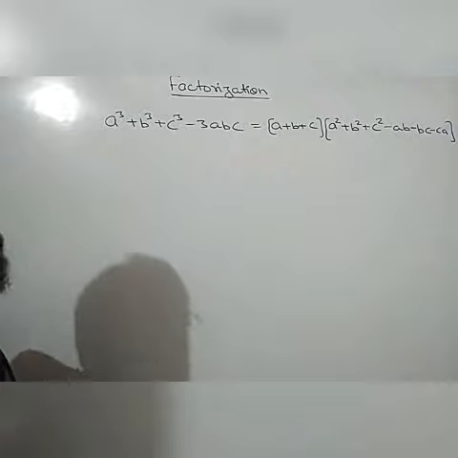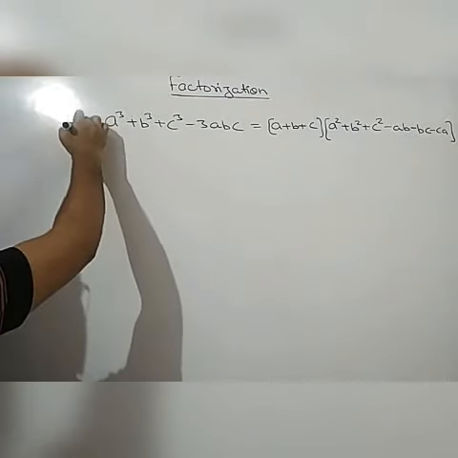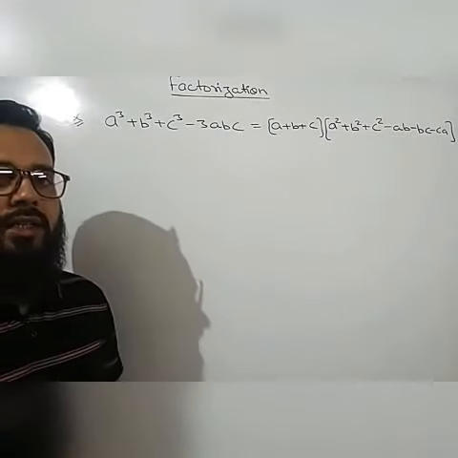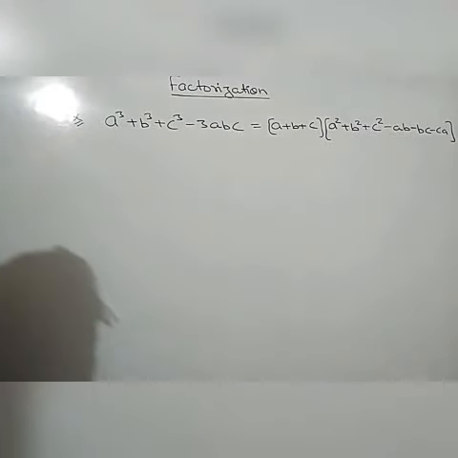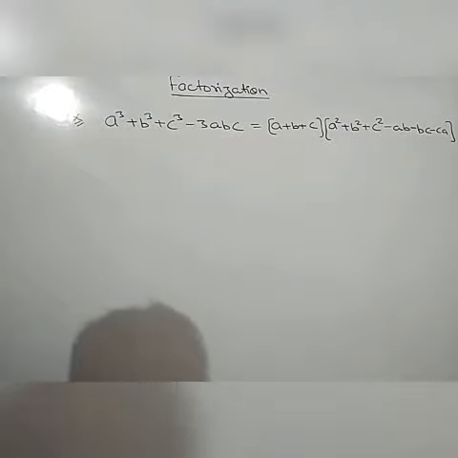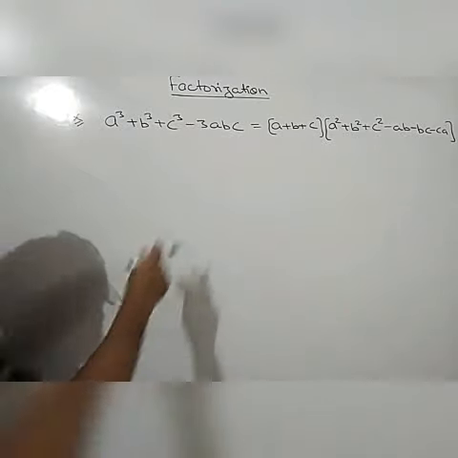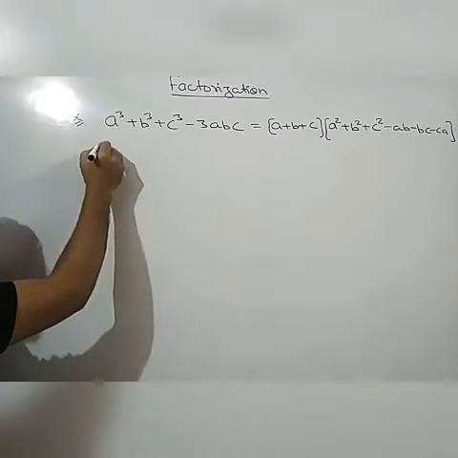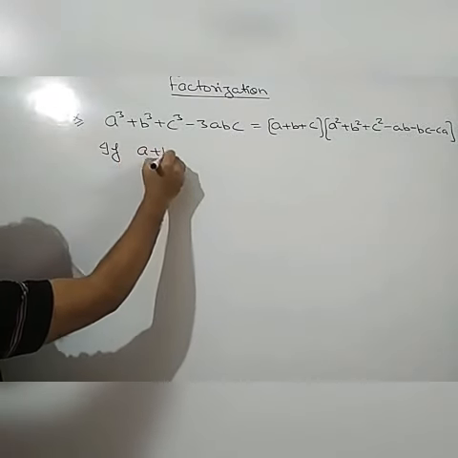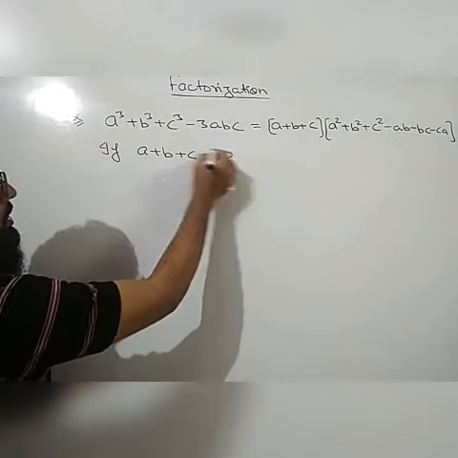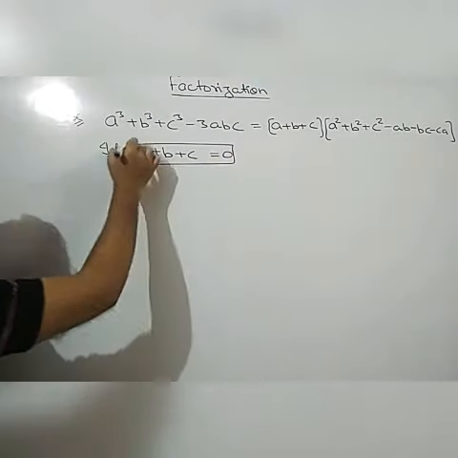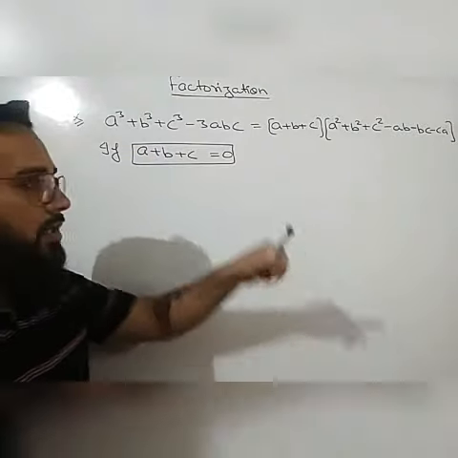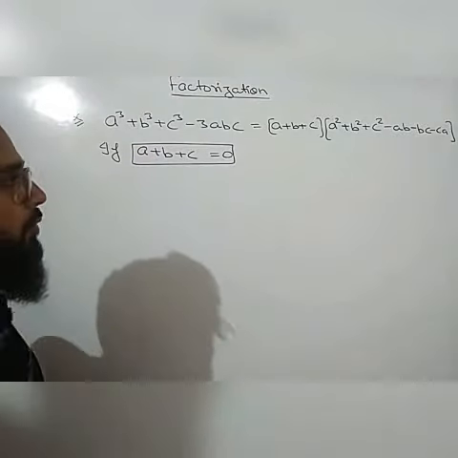It is the most important identity which you have to learn, and we will solve problems based on this particular identity in this video. There is one more important condition. If a plus b plus c is equal to 0, that is, if the sum of these three numbers or expressions is equal to 0, then what will happen?